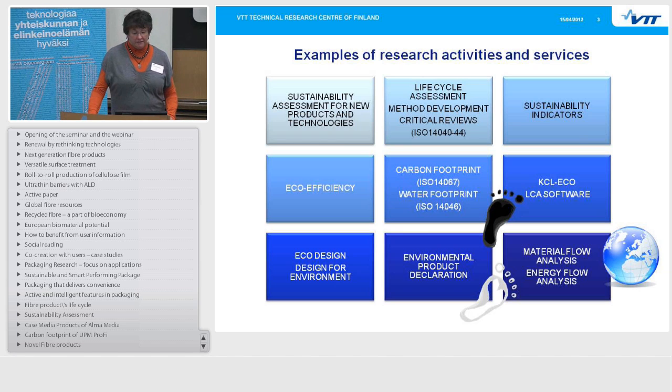And in life cycle assessment calculations, you can find hotspots, we call them. So certain phases in the life cycle where there is perhaps special emissions or quite lots of energy used, or maybe possibilities to reuse the end product.